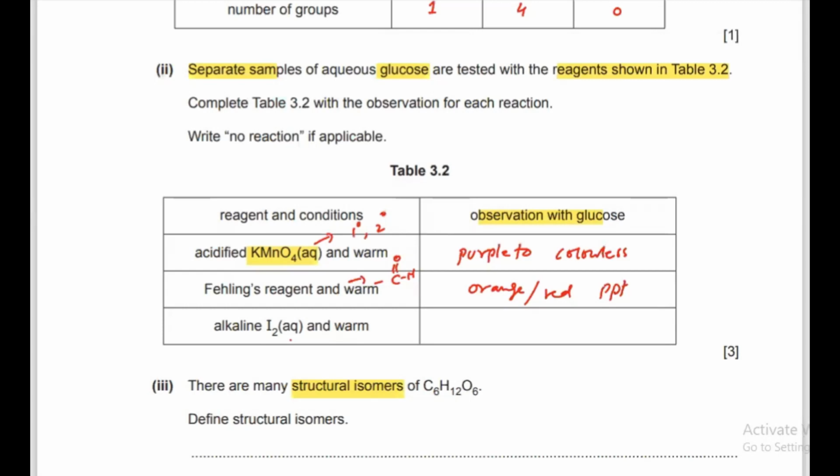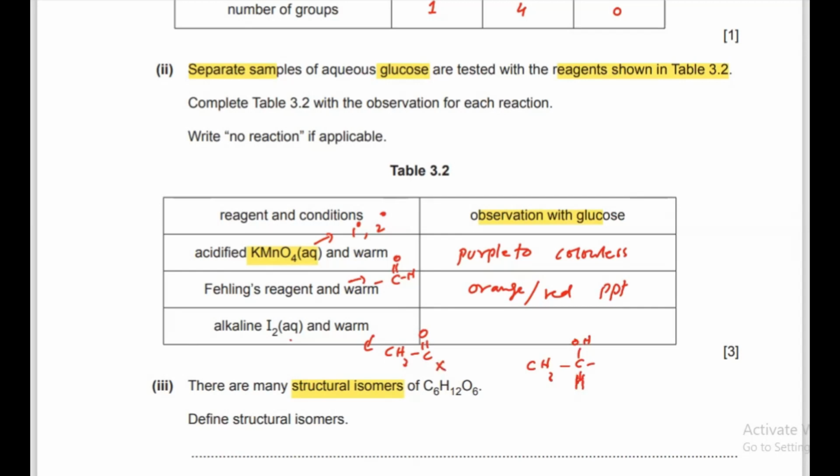So alkaline I2 and warm. Alkaline I2 and warm is used to test the presence of methyl ketone, CH3C=O, or the alcohol like CH3CHOH. If we look here, CH3CHOH must be there, or CH3C=O, ketone, must be there.